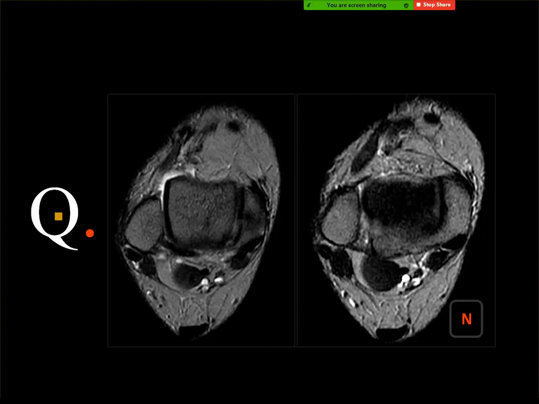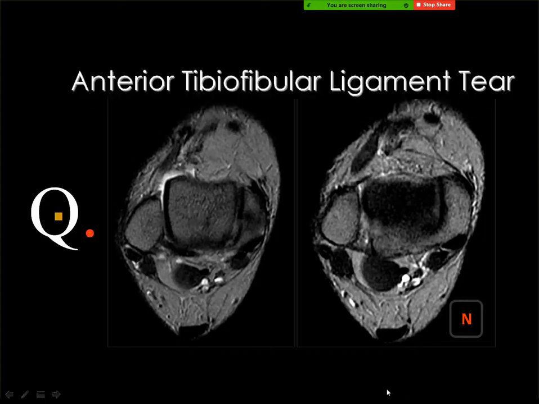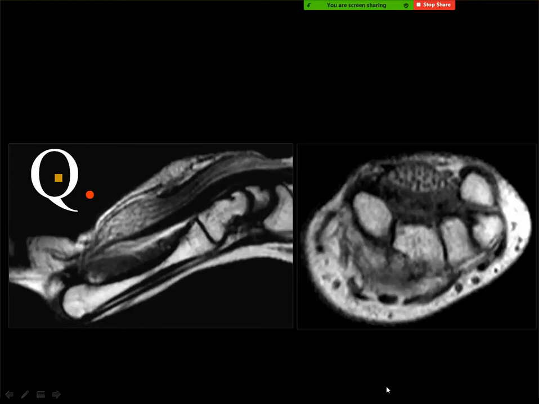Yes, and this is the anterior tibiofibular ligament, which is commonly torn in the ankle joint. This is the normal ligament, and the two important signs of ligamentous rupture are the absence of the ligament and the fluid signal at its site. This is a torn anterior tibiofibular ligament.